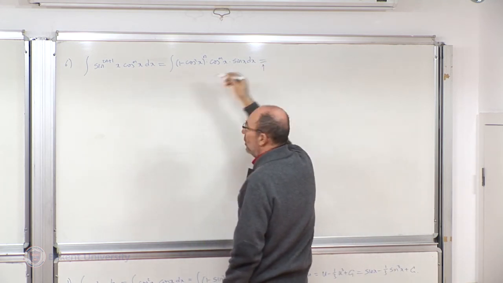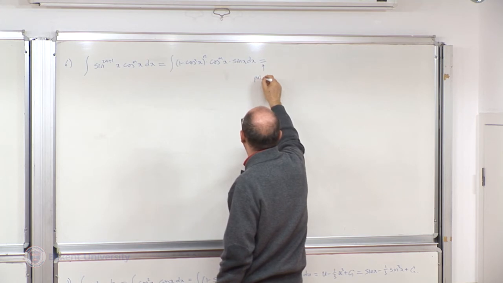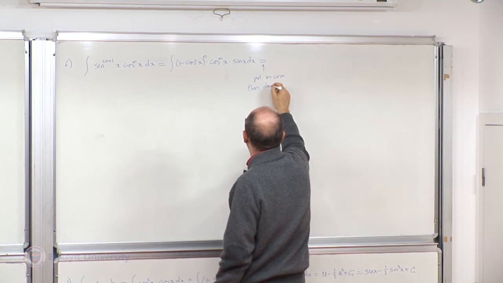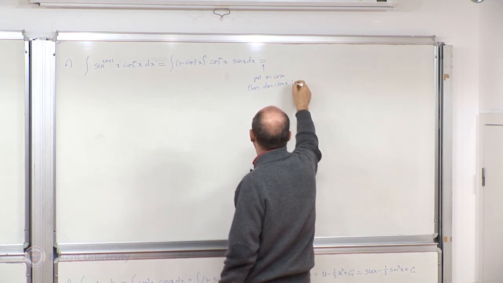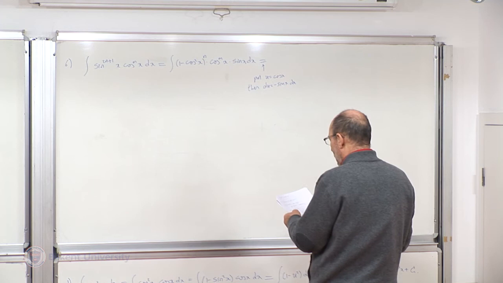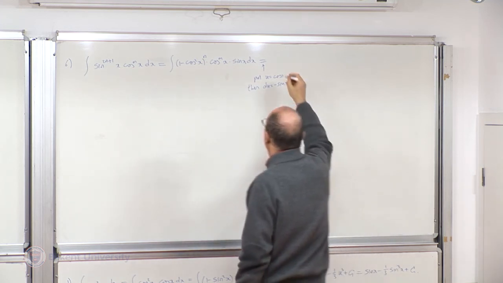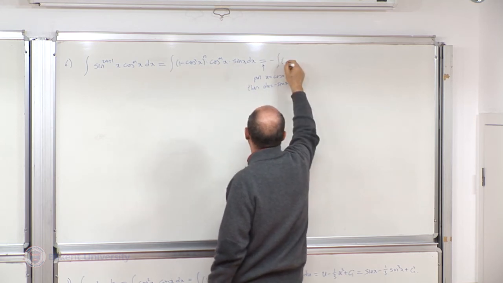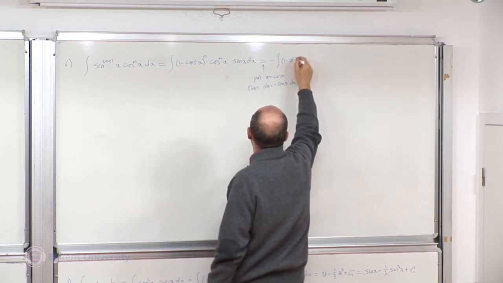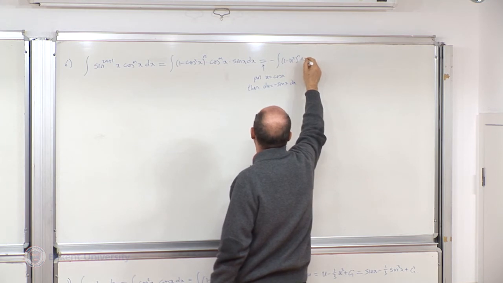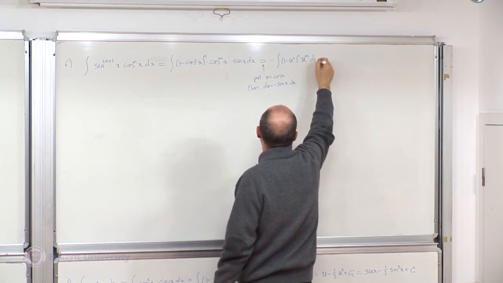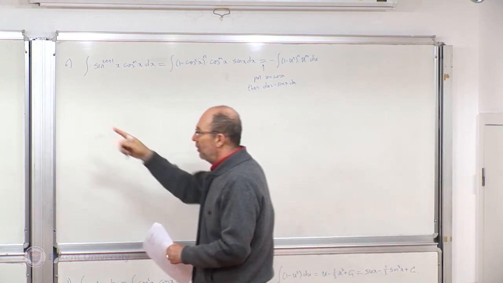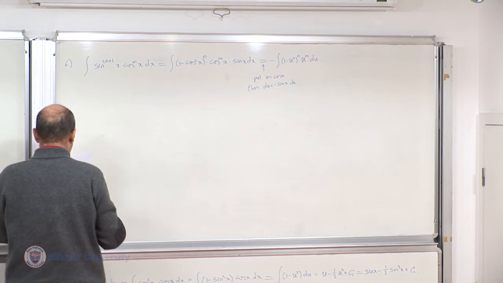So as we did before, we put u equals cosine x, then du equals minus sine x dx. So the integral becomes minus the integral of 1 minus u squared to the power n times u to the power m du. We again do the same thing here.